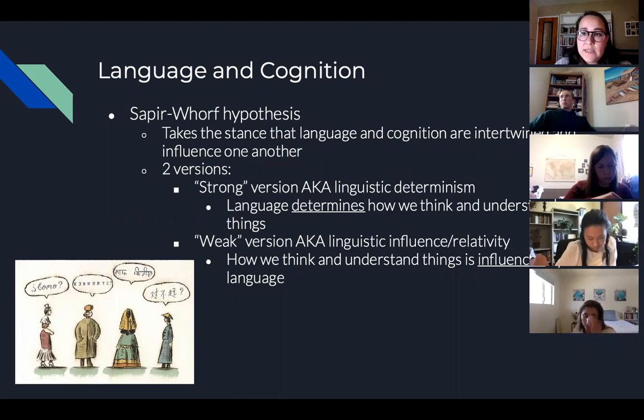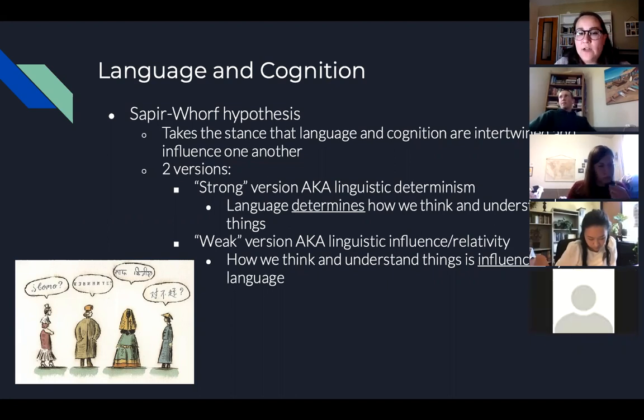And so this idea is different in that it proposes that the way that we think and understand things is influenced by language. So the idea is that it's not fully dictated by our language, but the way that we think about things and believe things and interact with language is very influential.